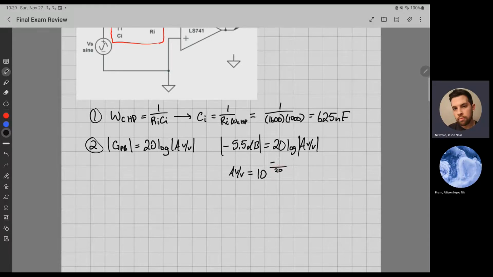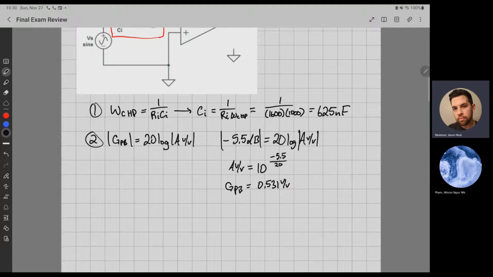So, negative 5.5, absolute value still, then the gain in the passband would be 0.531 volts per volt.